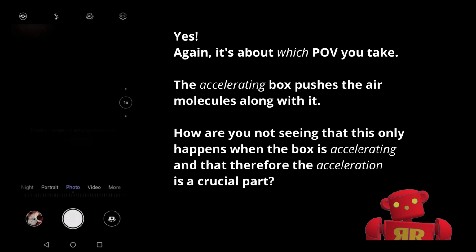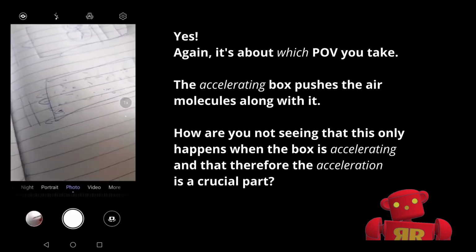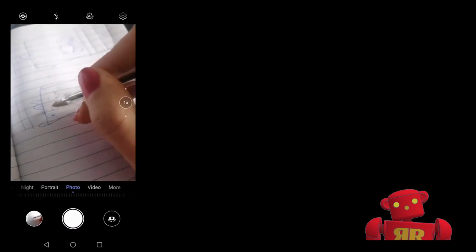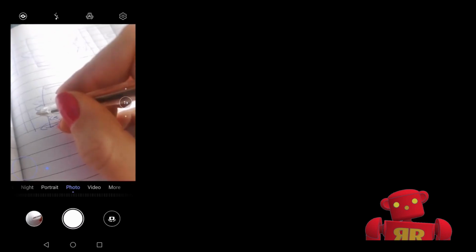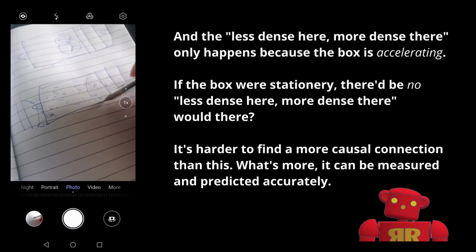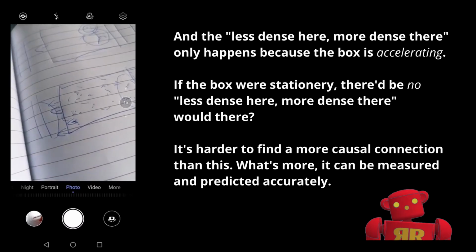So the box is moving faster to the left, okay? And then essentially, again, the box is just going to come over. Because these molecules are not moving fast enough to get over here, you end up with less dense over here and more dense over here. So the acceleration didn't really cause the gradient.